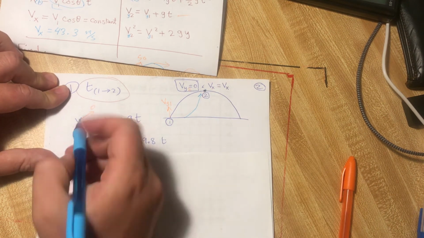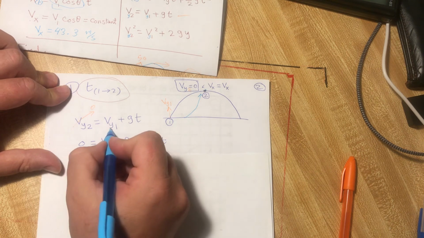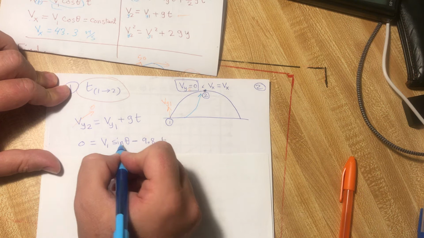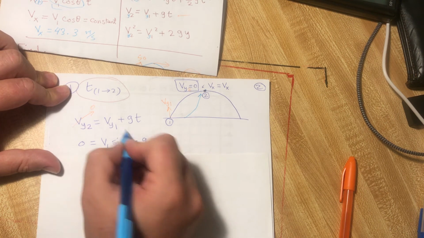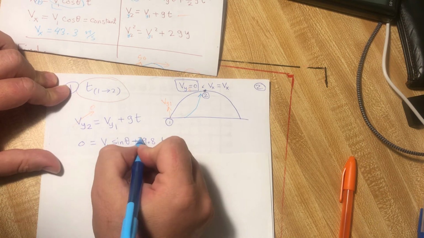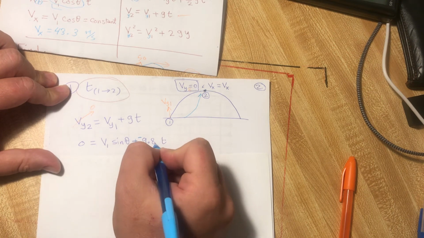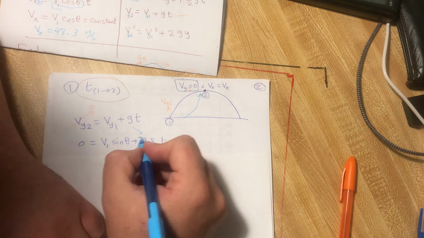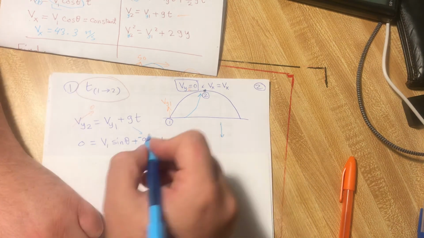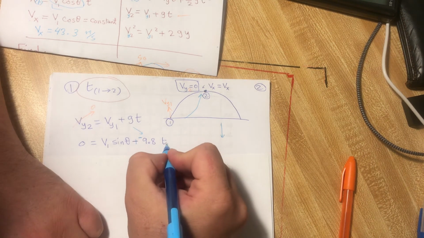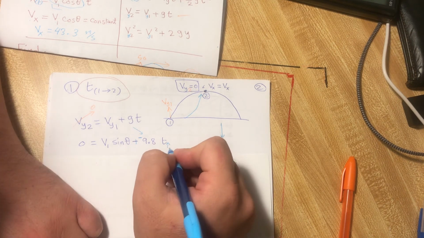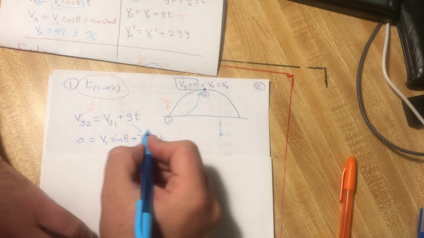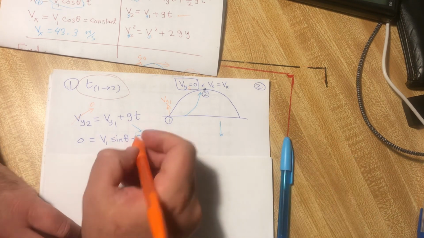Okay, Vy2 is equal to 0. Vy1 is V1 multiplied by sine theta, which is 30, plus negative 9.8. This is the acceleration due to gravity, with a negative sign because it is downward, multiplied by t. This t is the climbing time, t going up. Okay, I can move this quantity to the opposite side.